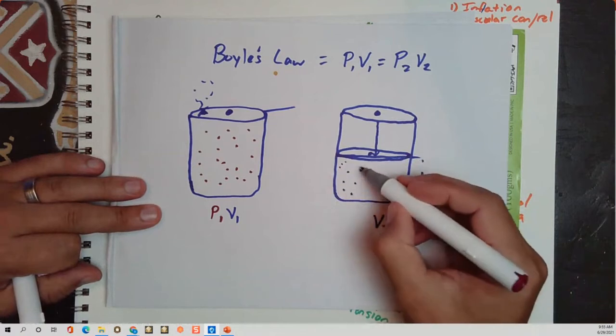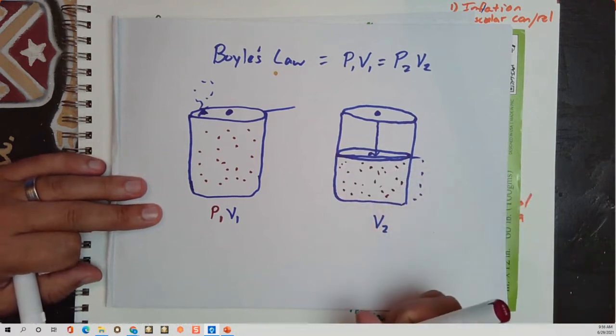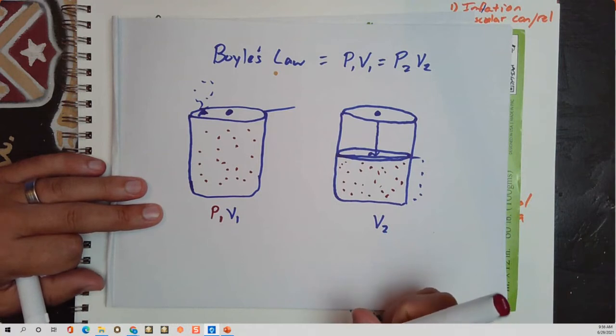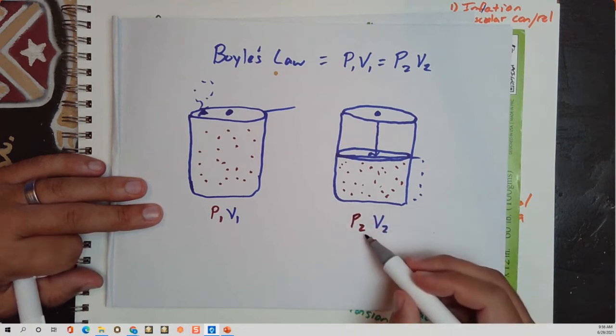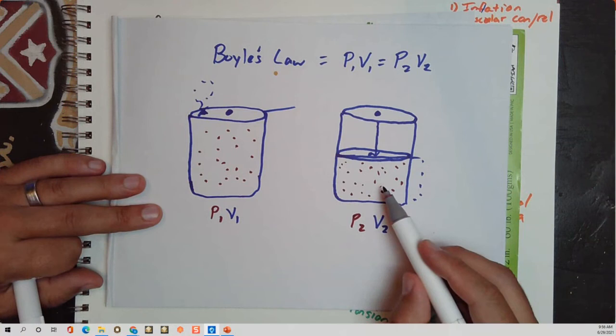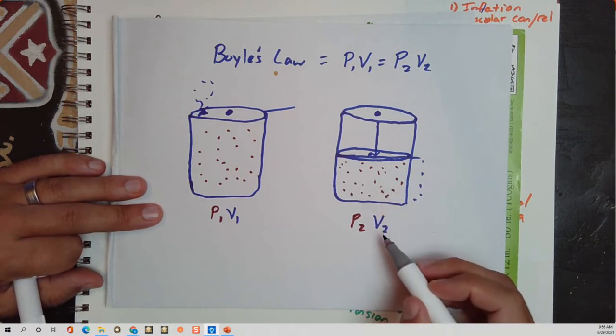If I had the same number of molecules in a smaller space, what just happened to the pressure inside of that system? The pressure in this particular pot just got bigger as the volume just got smaller.